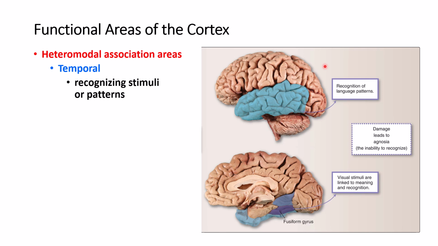It participates in the detection of objects that are moving, and also recognition of items and different objects. So it has a lot of different functions. And if it is damaged, you can get agnosia, which is inability to recognize objects or anything moving, and they also have problems with language.